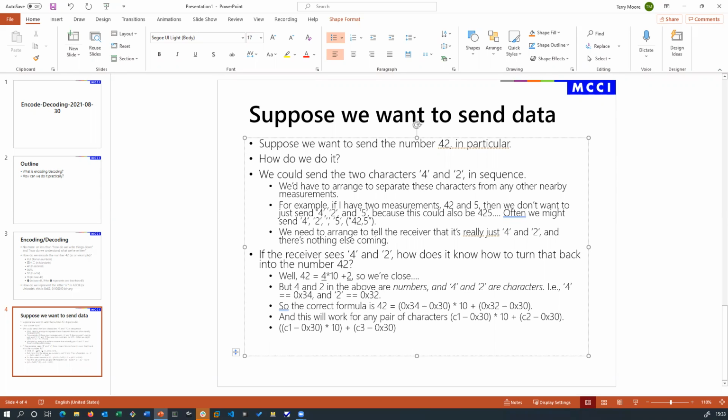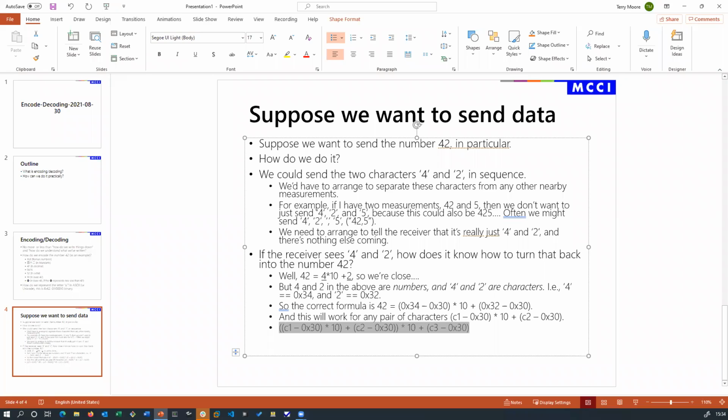Then close the parentheses, times 10, plus C3. This is C2, sorry, typo. And so forth. You just take the previous quantity, multiply it by 10, and add the next digit.